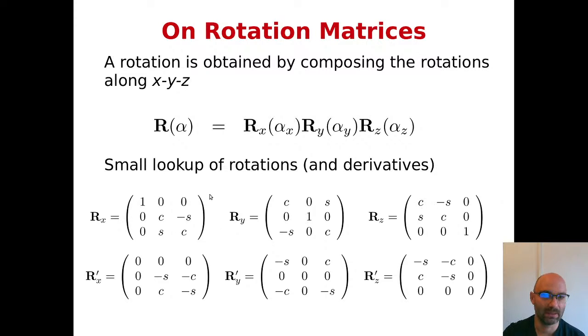Having the three rotation matrices, we can also compute the respective derivatives: the derivative of Rx with respect to alpha x, the derivative of Ry with respect to alpha y, and the derivative of Rz with respect to alpha z. This can be obtained by simply saying that the derivative of the cosine is minus the sine, and the derivative of the sine is the cosine. Okay, so this is the way we describe our rotation matrix.